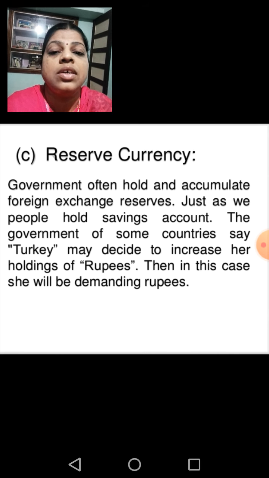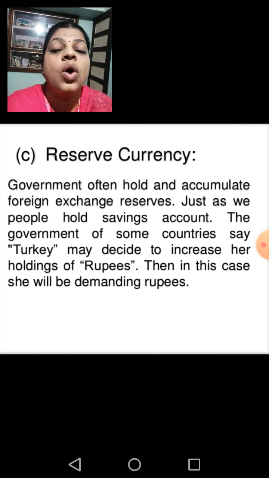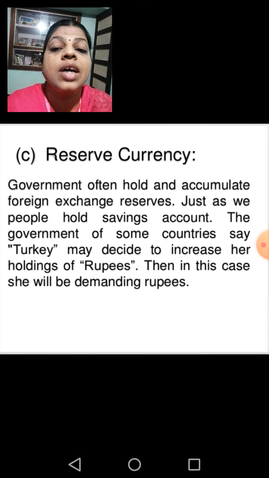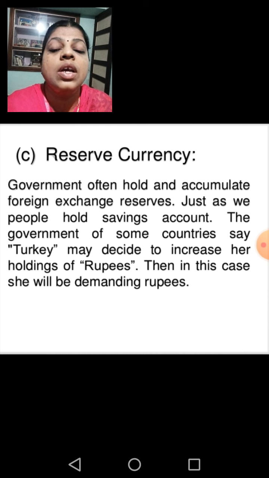In that manner, the government also has some responsibilities towards the country. They have to meet certain demands, or if some other emergency crisis occurs unexpectedly, they have to meet such demands. So for that they have to save some money in terms of other countries' currencies also. Isn't it? Yes. So here they have told about the country Turkey.